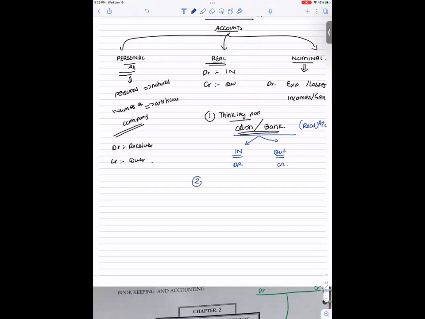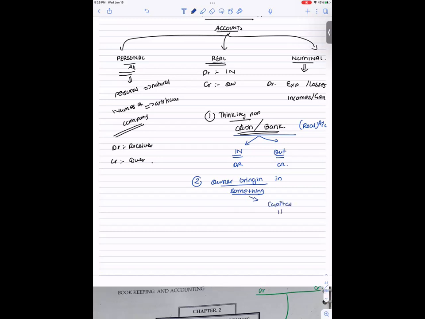Your second thinking point is, if owner is bringing in something, then what is it called? If owner brings in money or anything, it is capital.